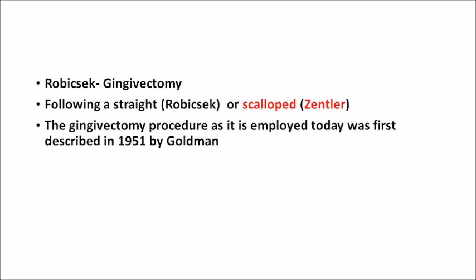But the gingivectomy procedure, as we do it today, we do using a pocket marker, we mark the points, and we do it in a proper scalloped way. This procedure, as it is employed today, was given by Goldman in 1951. So first by Robicsek it was straight, later modified as a scalloped one by Zentler, and as it is today, gingivectomy was introduced by Goldman.